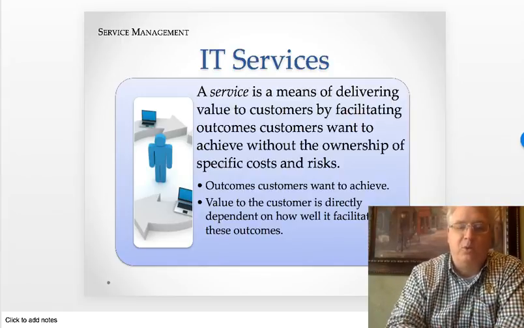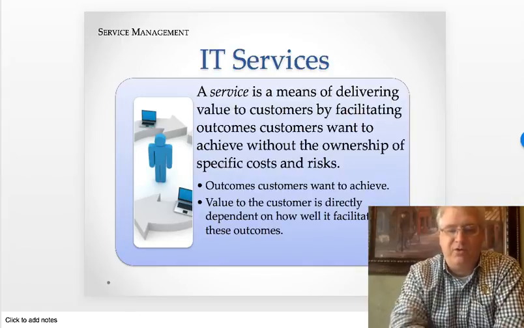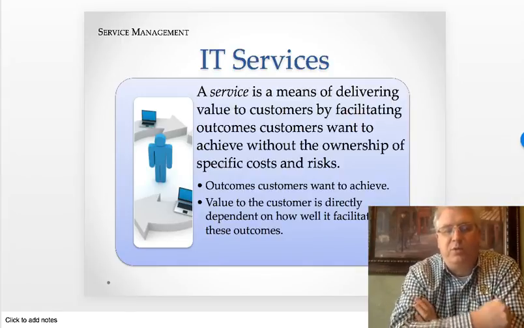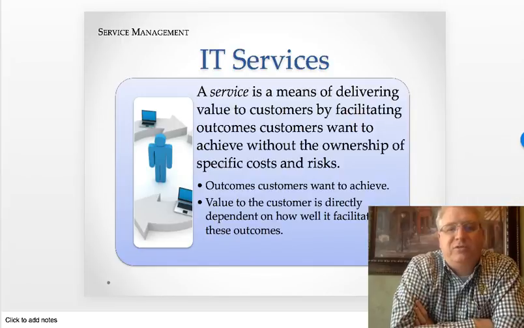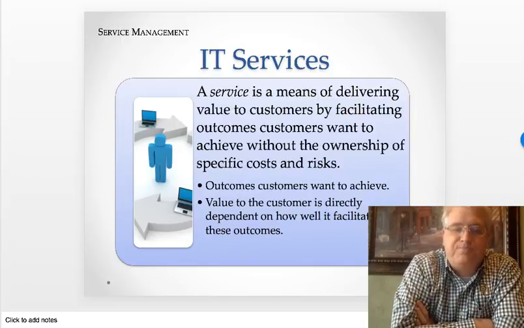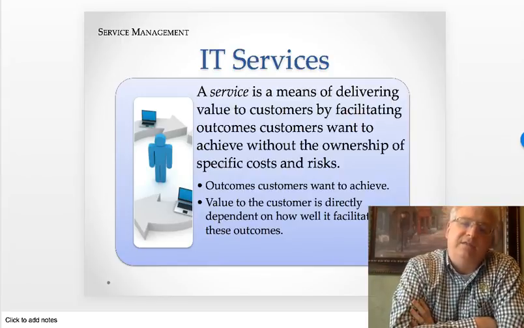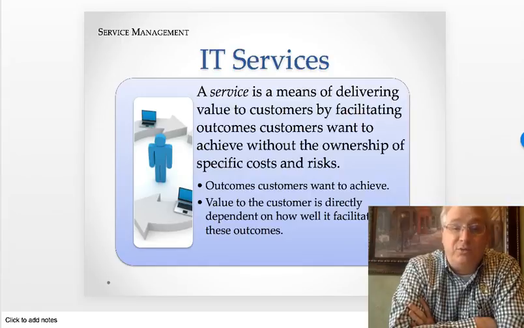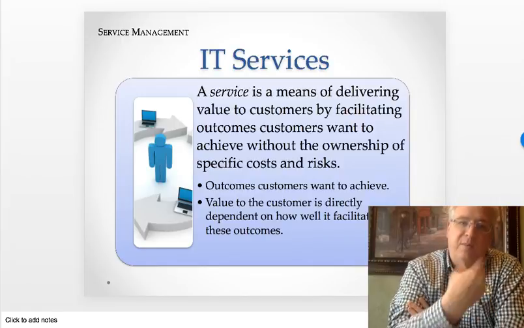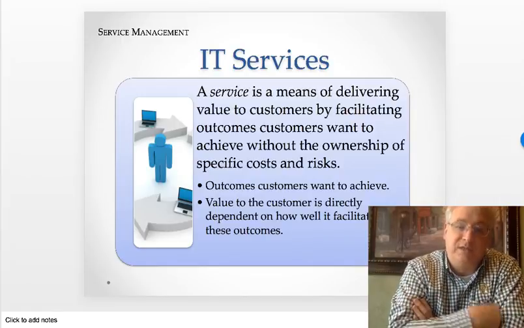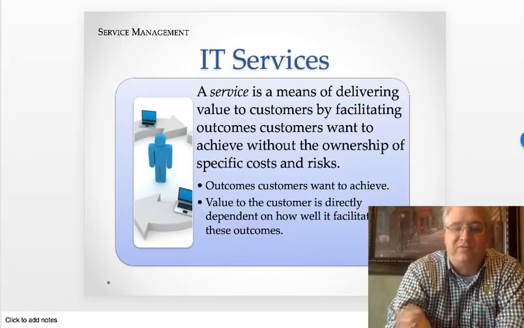So value is always shaped from the direction of the customer. A really important concept in IT service management. One of the things that we look at is what are the outcomes that our customers want to achieve? What are they trying to do? And then we try to align our services to do that, but the value is always determined from their perspective.